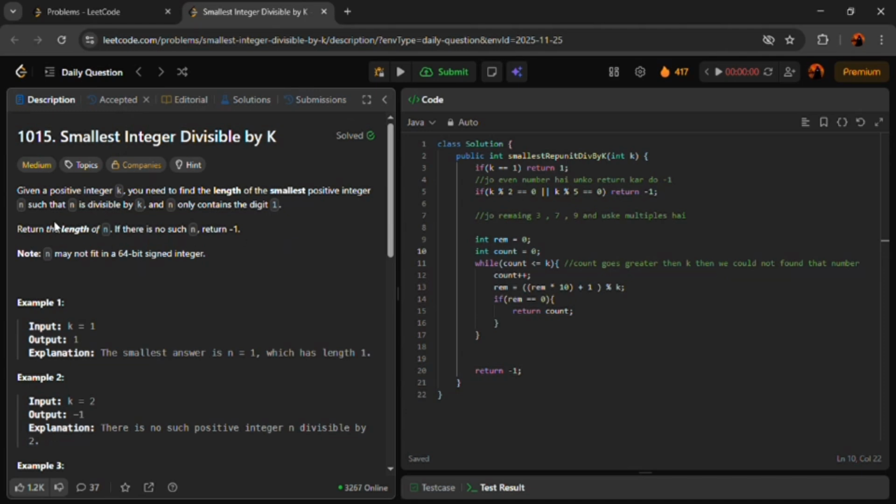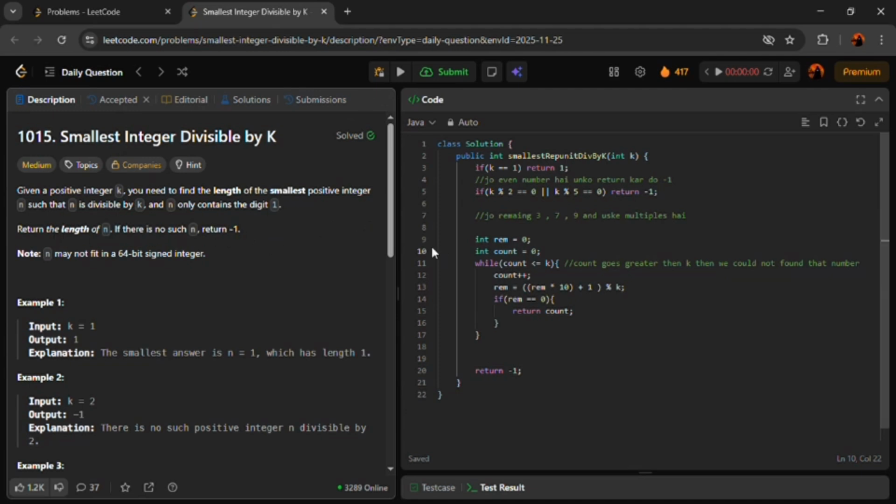But the condition is that the number contains only the digit 1, like 1 1 1 1 1, only one digit. We have to find that number which is divisible by k, and we have to make sure the number is the smallest.